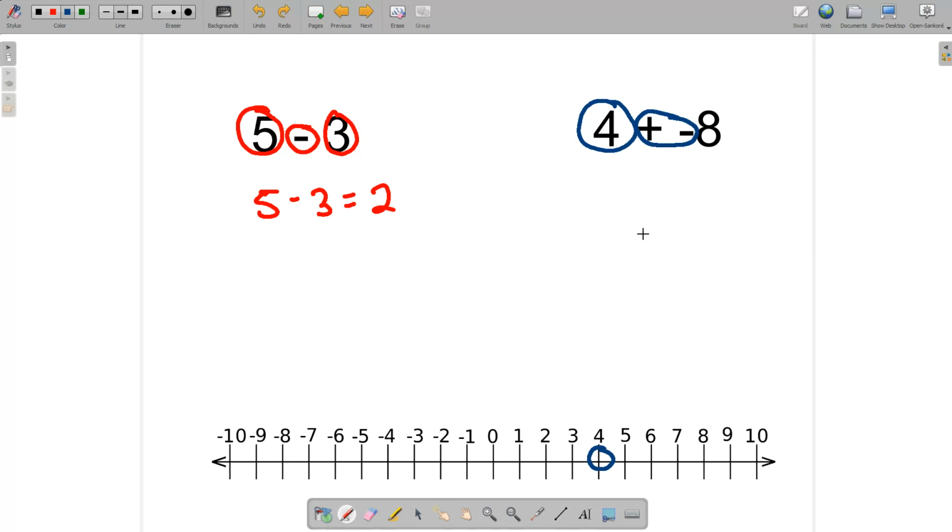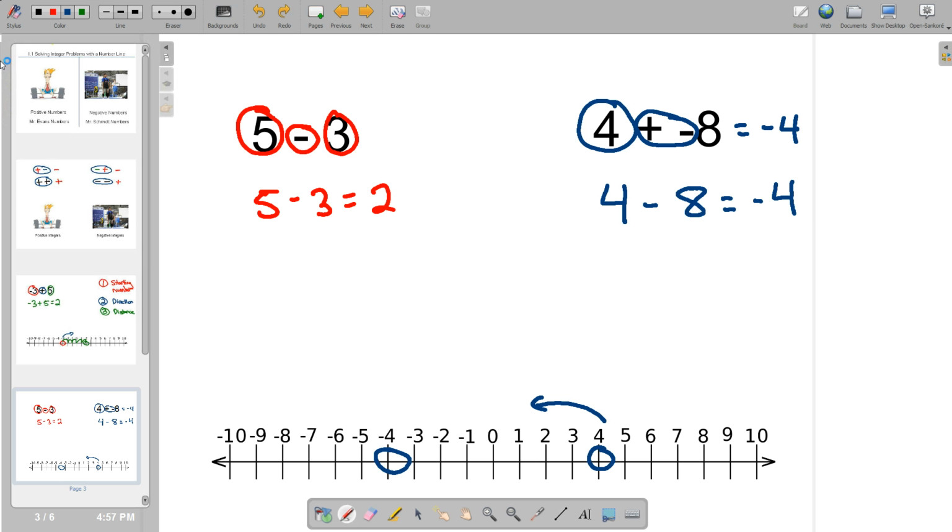And if we remember from that slide, if a positive and a negative fight, the negative ends up winning. Therefore, 4 plus -8 is the same thing as 4 minus 8. Therefore, now we go to the left 8. So 1, 2, 3, 4, 5, 6, 7, 8. Therefore, 4 plus a -8 is -4. Or 4 minus 8 is still -4. These have the same answer because they are the same problem.